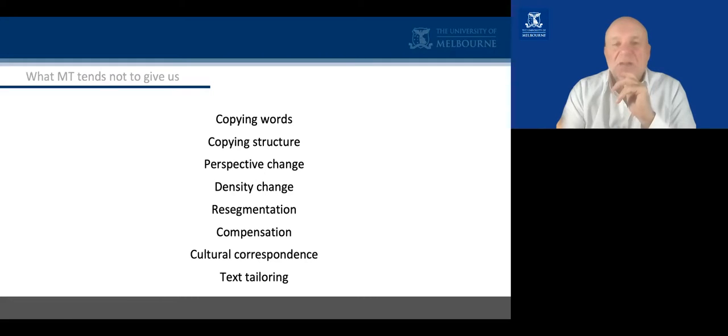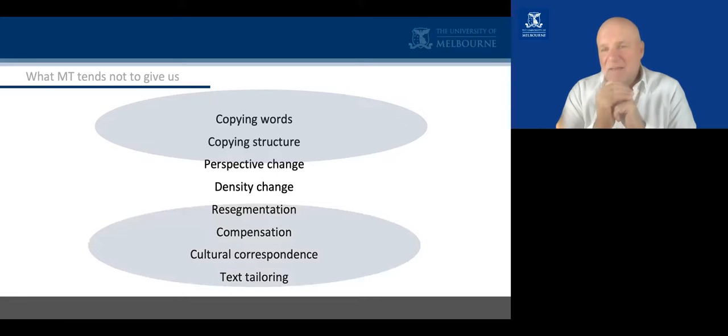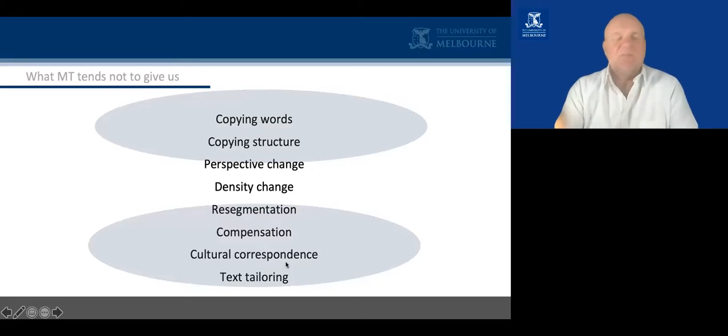What's interesting here for me is that machine translation will tend not to do the copying because it thinks it's there to translate everything. And traditionally, it will not do any text tailoring, will not be very good at cultural correspondence, and will probably not cut up sentences. They'll respect the sentence breaks.